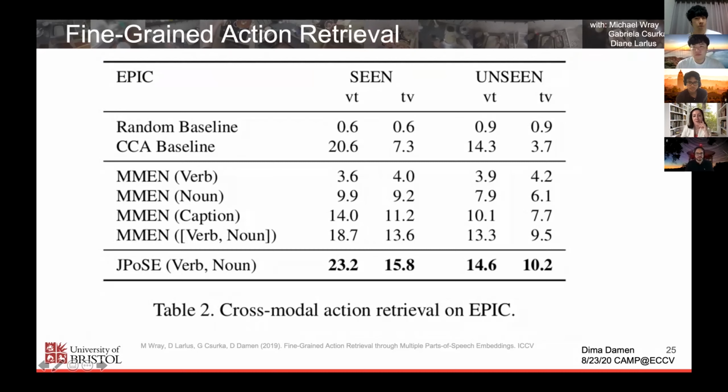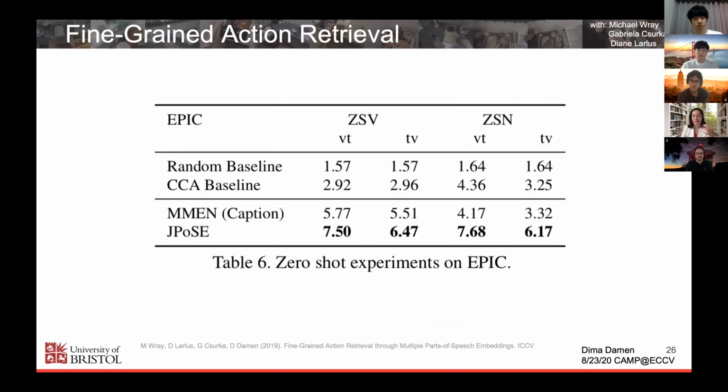And regardless of whether you look at video to text or text to video, and we have these two splits of seen kitchens and unseen kitchens, you're achieving a significant, consistent improvement. It also does a good job if you're doing zero-shot learning, right? Because you've learned the verb independent of the noun, so you can look at new combinations that you might not have seen. So this is an example of zero-shot verbs, zero-shot nouns.